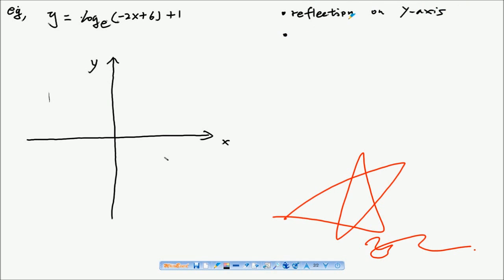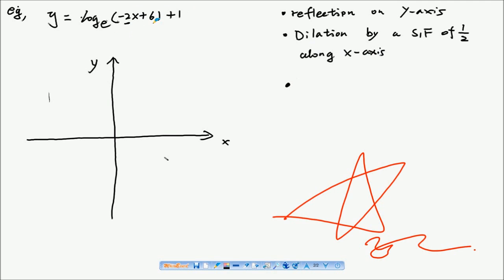Second, after the reflection, we have a dilation from the coefficient of x, by a scale factor of half, which is 1 on the coefficient of x in the bracket, along the x-axis.